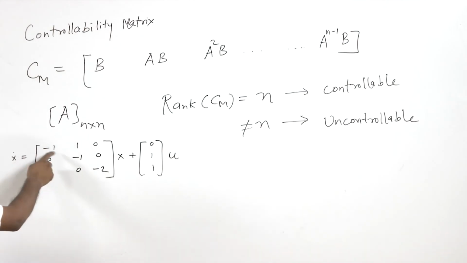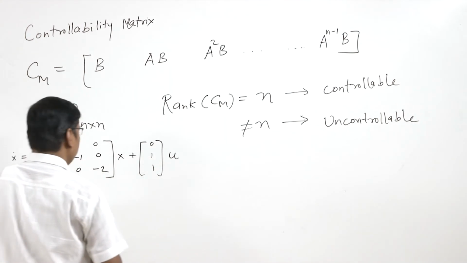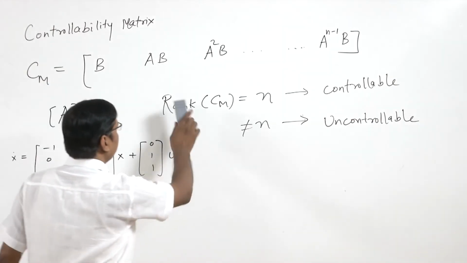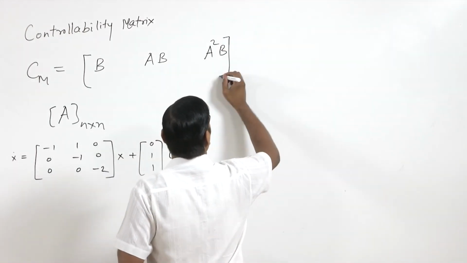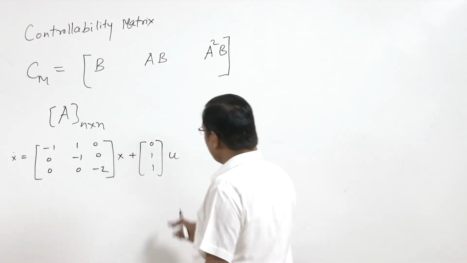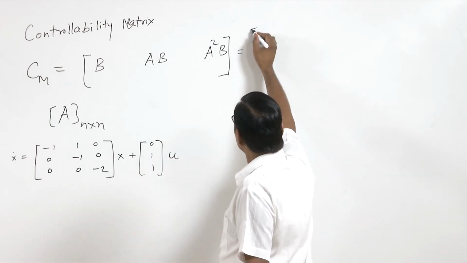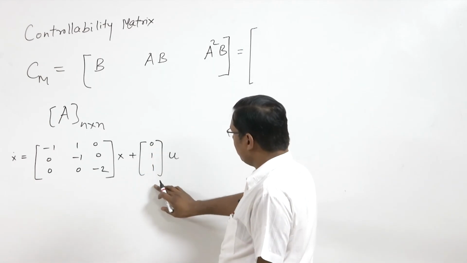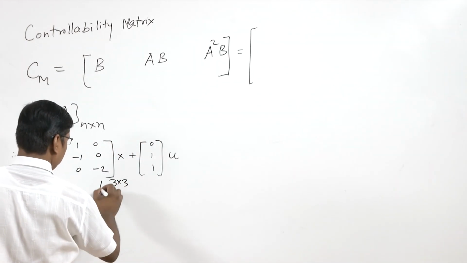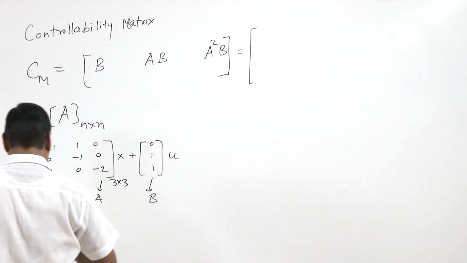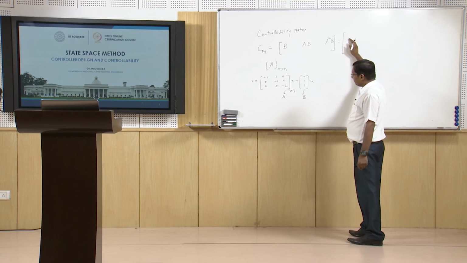Now we can see that there are multiple poles at minus 1. So now we calculate the CM. Here A is this 3 by 3 matrix, and B is [0; 1; 1].